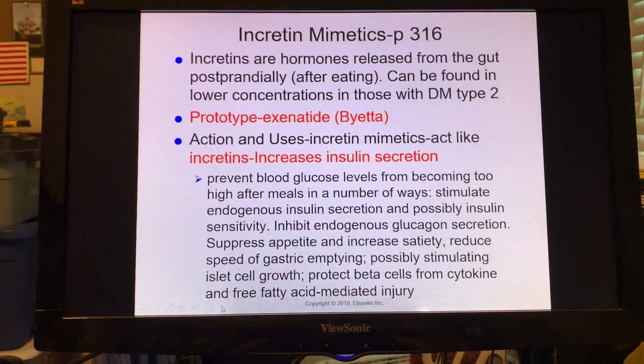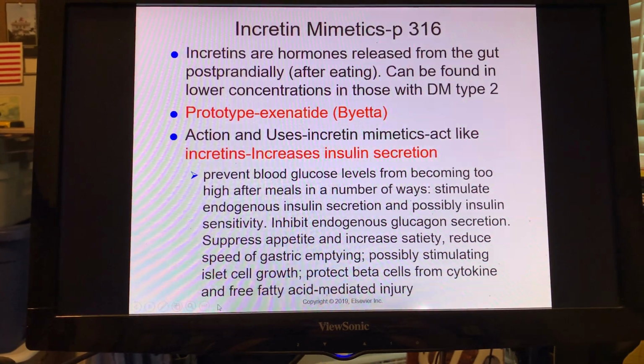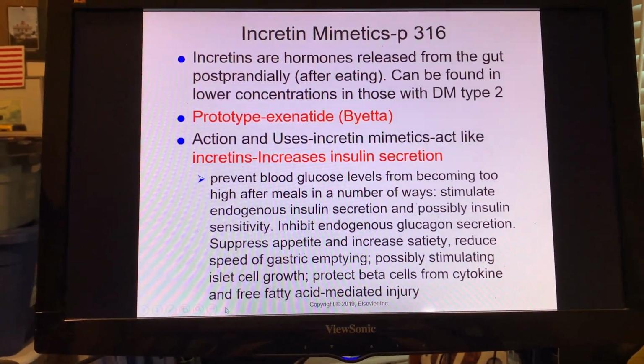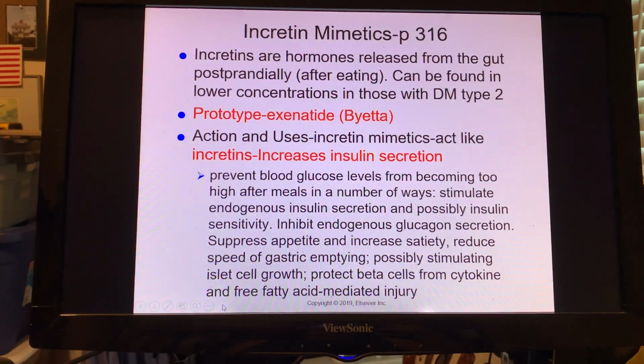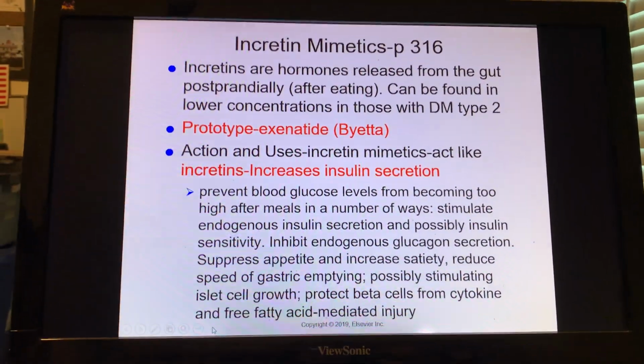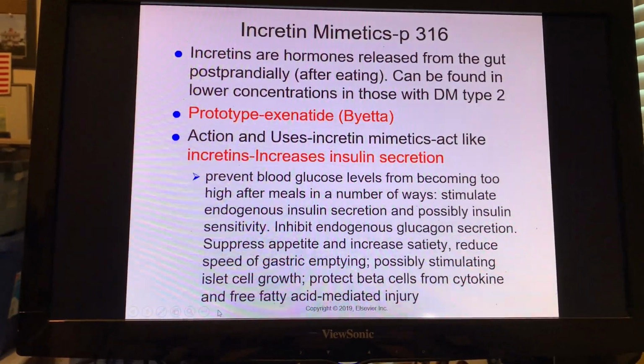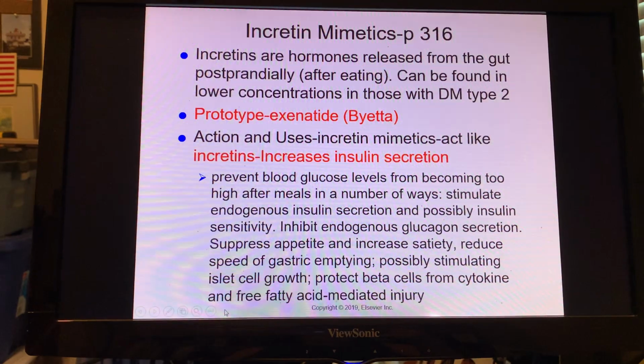Generally, they're going to suppress the appetite. They're going to make a person feel fuller sooner. They slow down the amount of gastric emptying that takes place in the stomach, so you feel full longer.